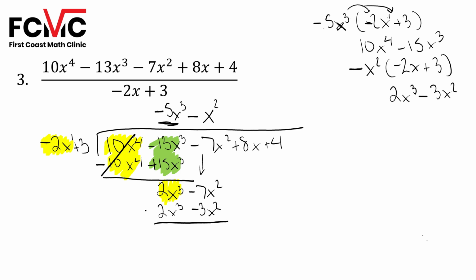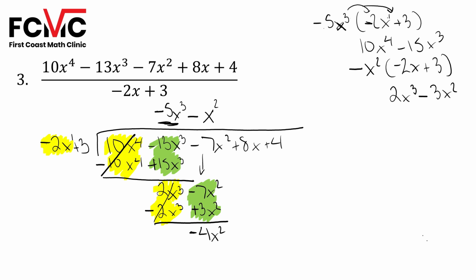And now to subtract, we're going to flip our signs. That becomes negative or minus. This becomes positive. 2x to the 3rd minus 2x to the 3rd cancels out. Negative 7x squared plus 3x squared gives me negative 4x squared.